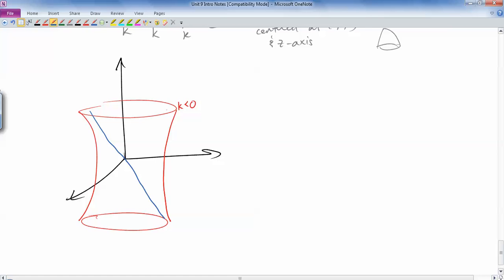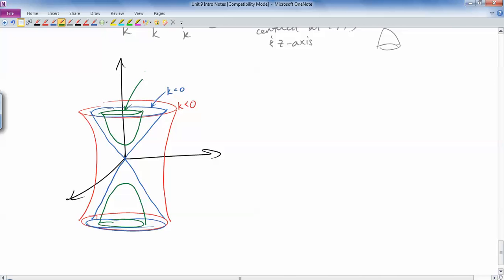So k equals 0 would look something like this, gotta go through the origin. And then k greater than 0 is the hyperboloid of 2 sheets. So something like that.